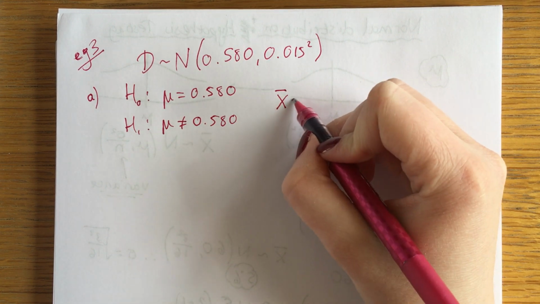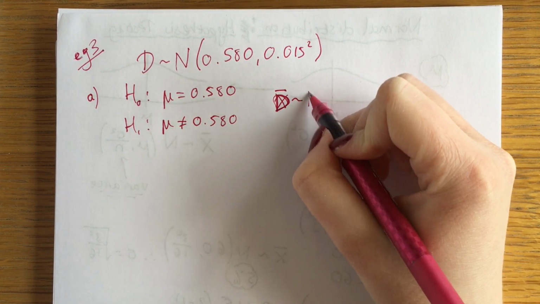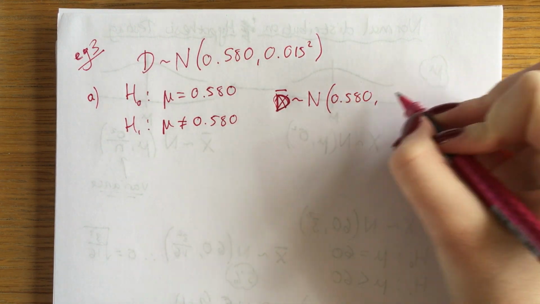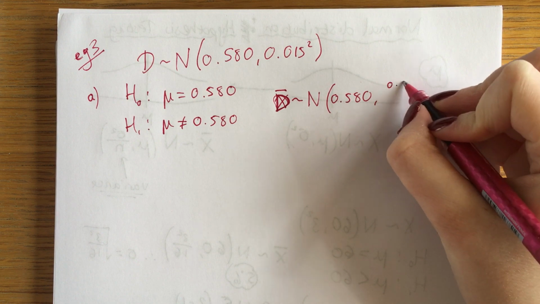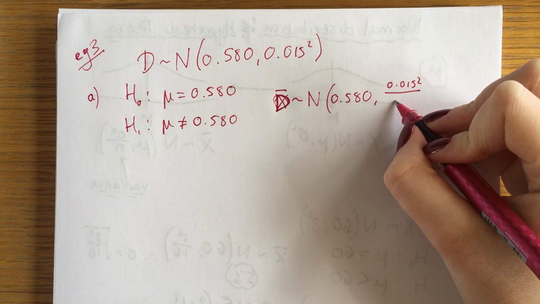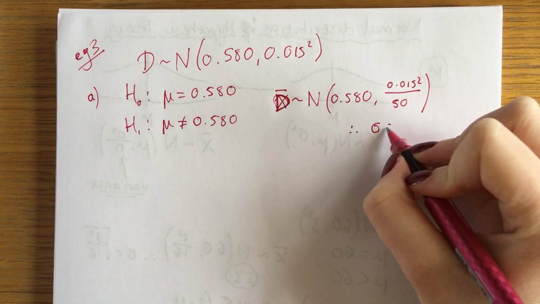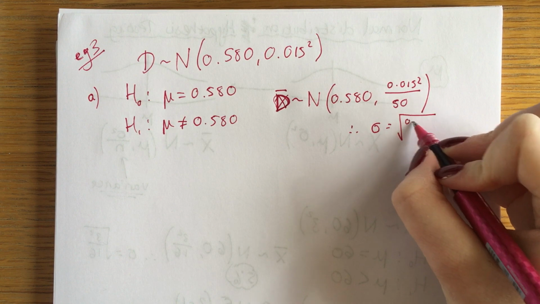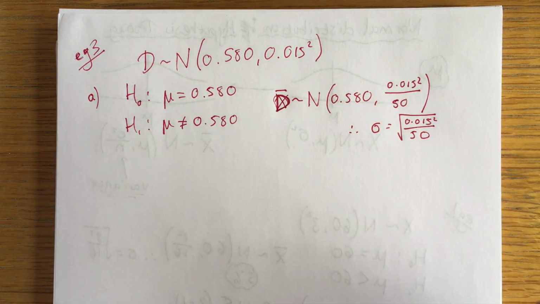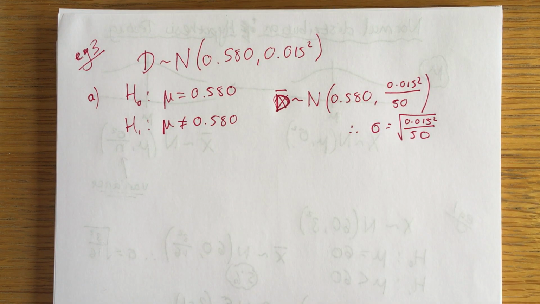So if it's still the same, my means, that should be the mean of D, should be normally distributed with a mean of 0.580 and with a variance of 0.015 squared over 50. So therefore our standard deviation is the square root. I always do this so I don't forget to type this into my calculator rather than that.